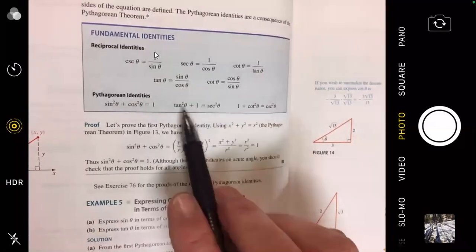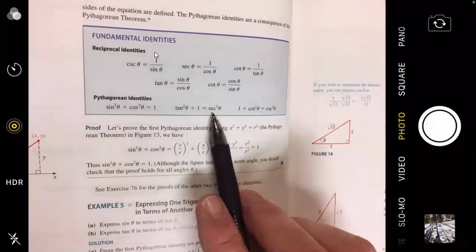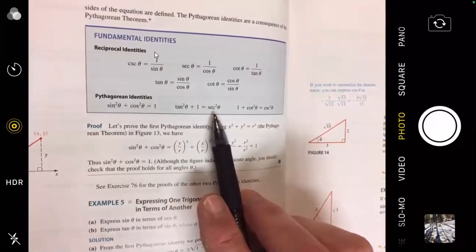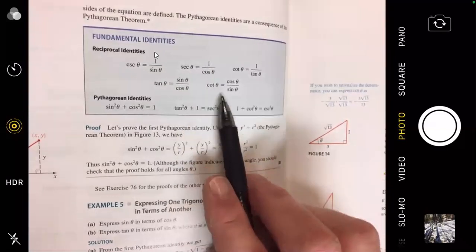All right, you've got tan squared plus 1 is secant squared. Again, I explained in that other video where they get that. And you can turn secant into a cosine using this.